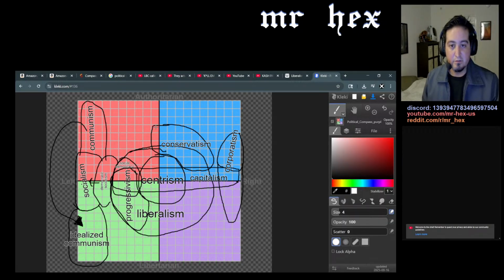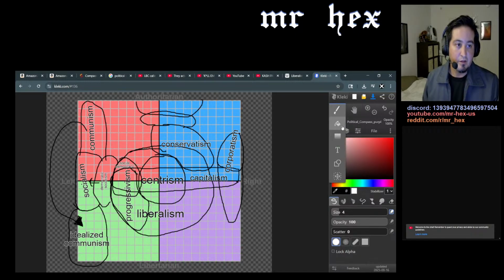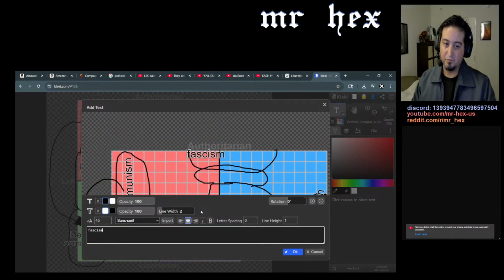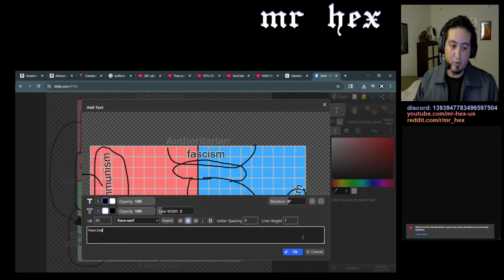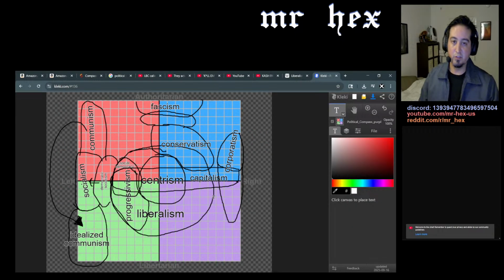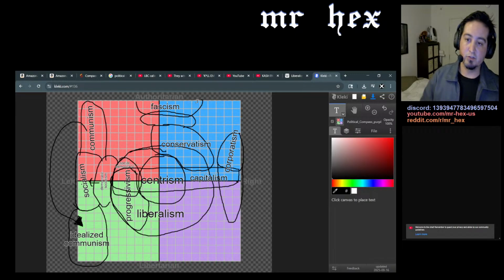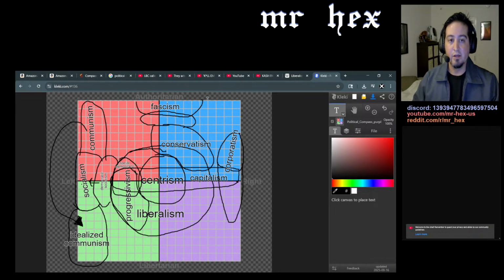Then you get, I don't know if it's worth drawing, the reactionary, and then you get fascism. Now, fascism is not left or right wing economically. Whenever you hear people argue about is fascism socialist or capitalist, and by the way, I didn't mean to draw it more on the right wing side here. It's kind of in the middle. The term third positionist from Nazi Germany was part of this idea, which is they didn't have a strong ideological commitment to either economic extreme.